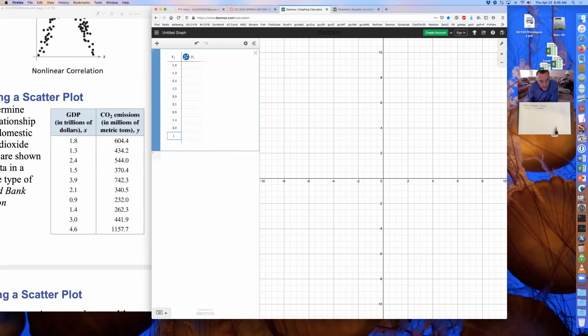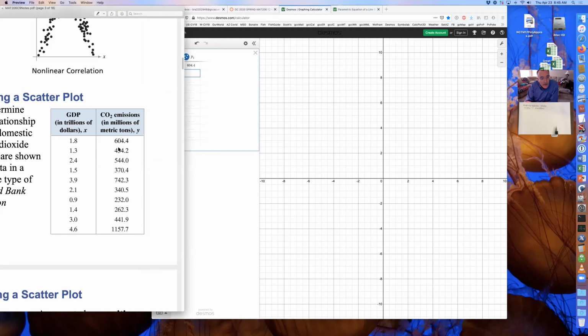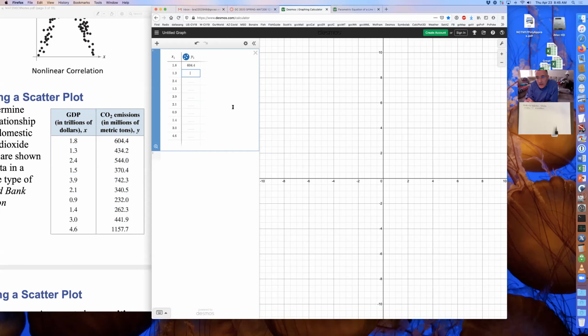So if you're following along, see how well you can type. I tend to do the X's first and then the Y's. That works. If the data happened to be selectable, look, I can't select it over here, it's in a PDF, right? I can't grab it. If you can grab and copy the data, then you can copy and paste it in. That's sometimes a little bit faster.